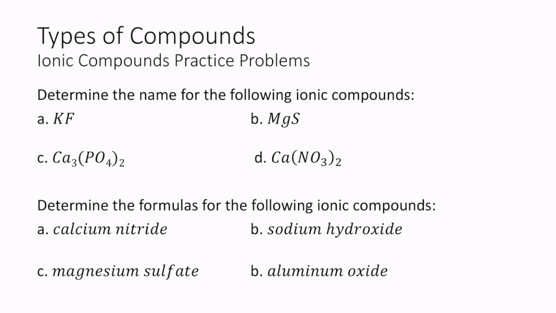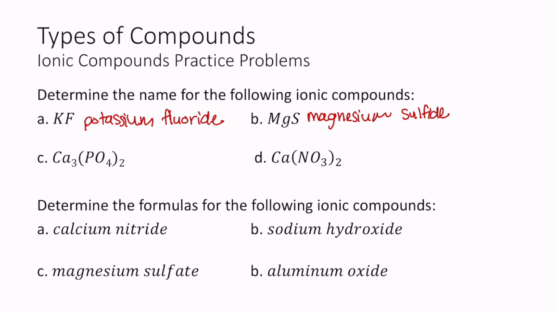So this is going to be potassium fluoride. It's just as simple as that. In this next one, I have magnesium and sulfur. So I'm going to name this as magnesium, because my cation is just the name of the metal. And then sulfur becomes sulfide.